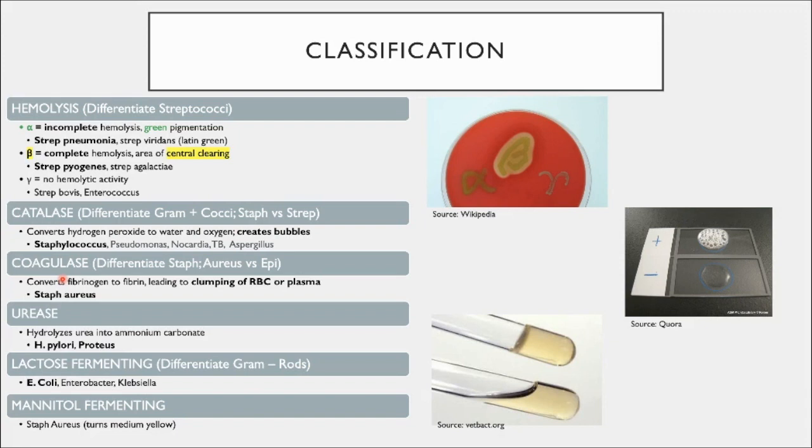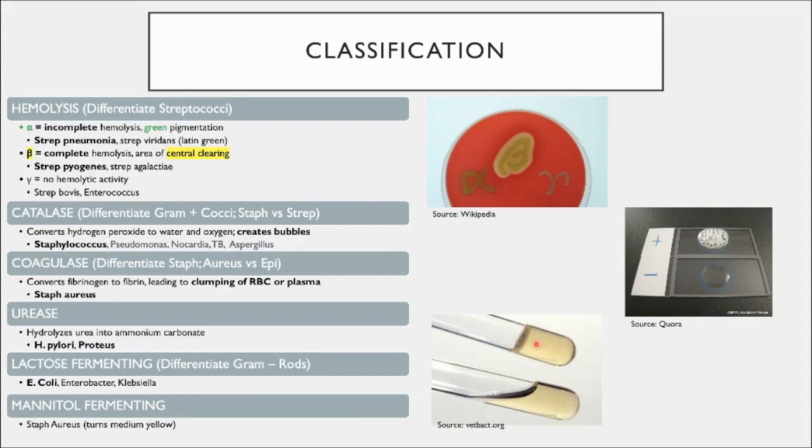The purpose of coagulase is to actually cause clumping of the red blood cells. It is, again, a virulence factor for the Staphylococci, which allows it to move through your bloodstream easier. So what'll happen is whenever you put this organism inside the culture medium in a coagulase positive organism, you'll get this clumping effect.